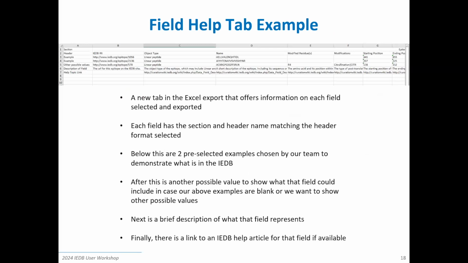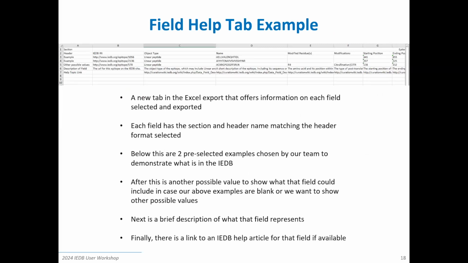Okay, then the other sheet we have in the Excel formats is this field help section, which explains all the fields. Every field that you selected will have this little help section here that is broken down exactly like you see before.